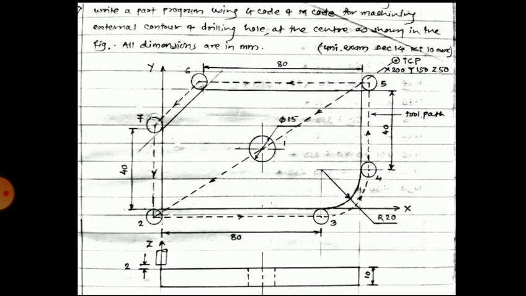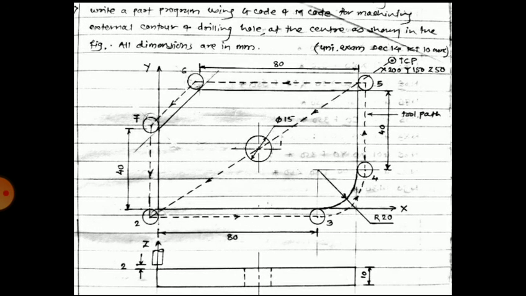You can see in the diagram. The coordinates of point 4 will be X100 and Y20, and the radius of the arc you have to mention in this block, that is R20. Then the tool will proceed from point 3 to point 4 at a speed of 350 mm per minute. So the radius will be performed.